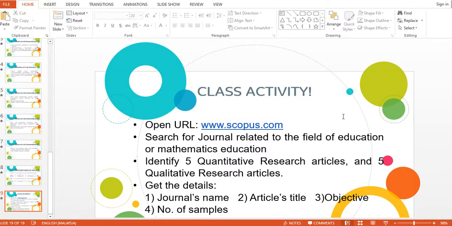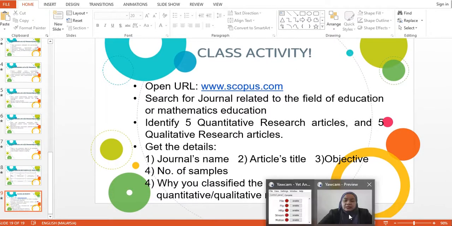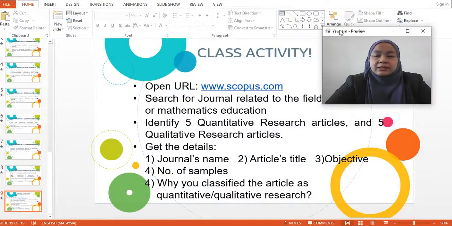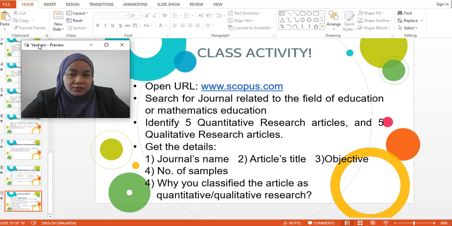Okay, this practice is just to help you get a better understanding of the difference between quantitative and qualitative research. Make sure you do this task so that you get familiar with the difference.